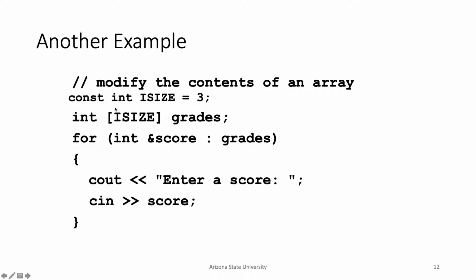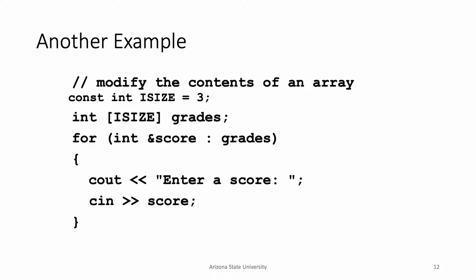So if we have 3 integers in here, and I'm going to do a range-based for loop here, what's going to happen is I'm going to see the score variable, but notice it's a reference here. So therefore, I'm going to be changing the value inside of the array. I can put a reference on the range-based for loop just like we have been putting references inside the function parameter.